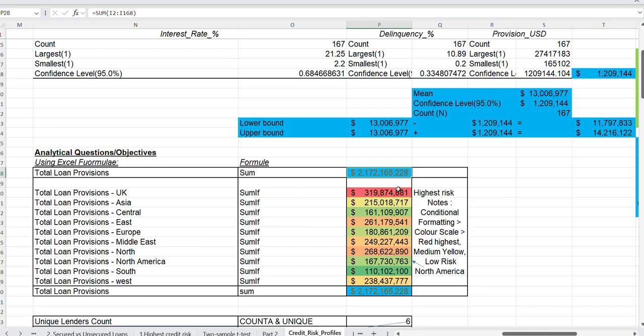The total provision is roughly $2.1 billion, and then I used SUMIF to do a breakdown by region, such as UK and Asia, and it shows you, using conditional color formatting, that the UK is the highest risk, at about $320 million. Green is the lowest risk, orange is medium, and red is the highest risk.